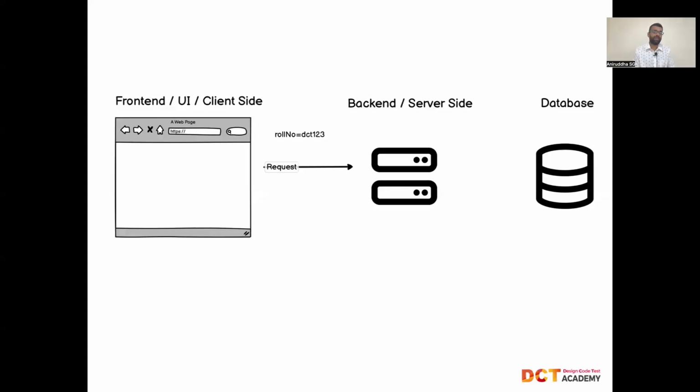So what happened whenever we entered that roll number, DCT 102, we saw the result appearing on the website. But typically, when you entered that input field and clicked on the submit button, you made something called a request to the backend.